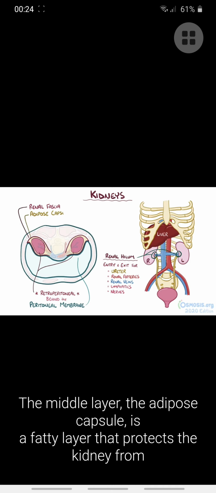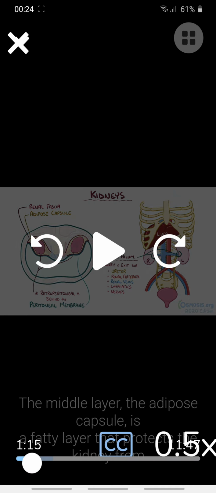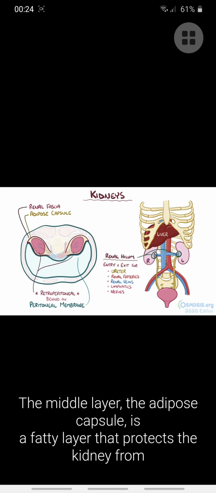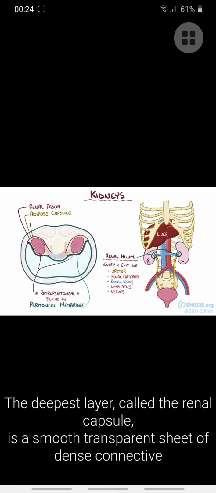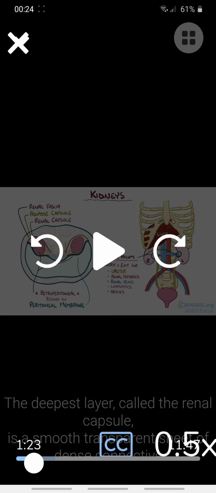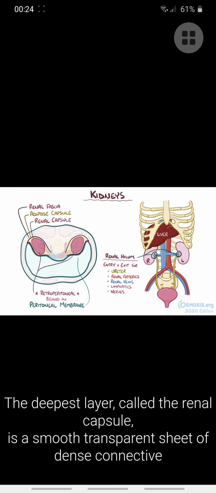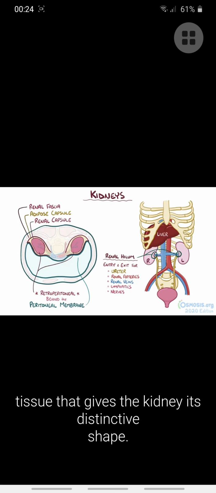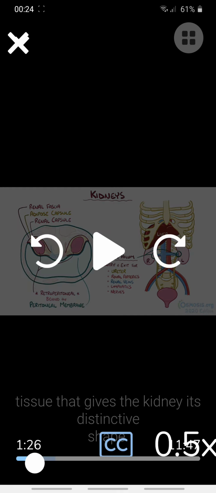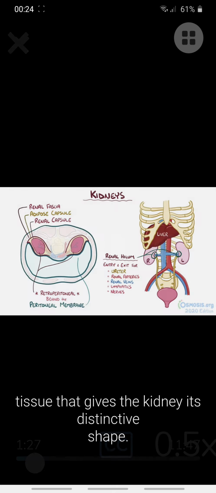The middle layer, the adipose capsule, is a fatty layer that protects the kidney from trauma. The inner layer, called the renal capsule, is a smooth, transparent sheet of denser connective tissue that gives the kidney its distinctive shape.